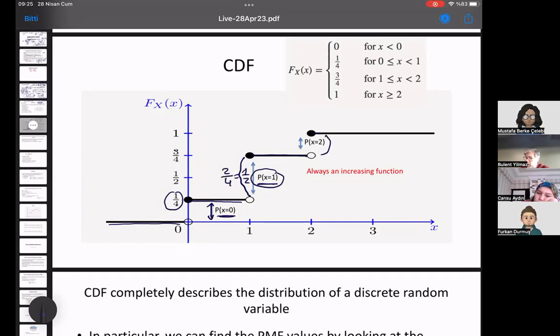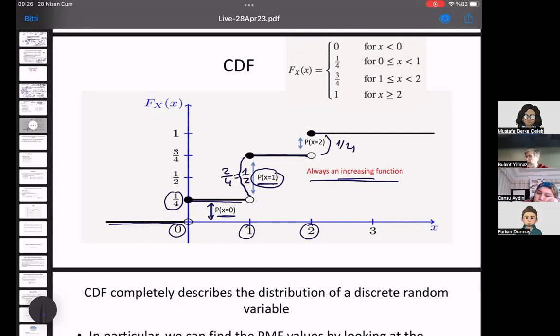And what's the jump here? 1 over 4. So by looking at CDF, you can find out the probability values at certain random variable points like 0, 1, and 2. It is always an increasing function because I'm adding up, accumulating the probabilities. So I'm adding up. Okay, that's why it's an increasing function.